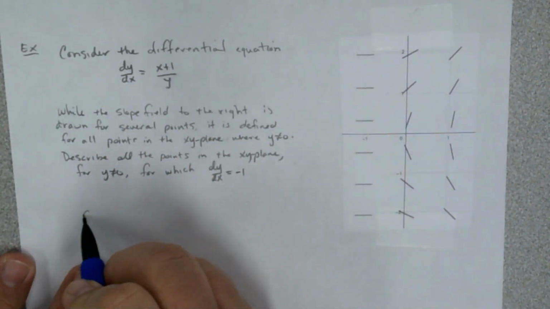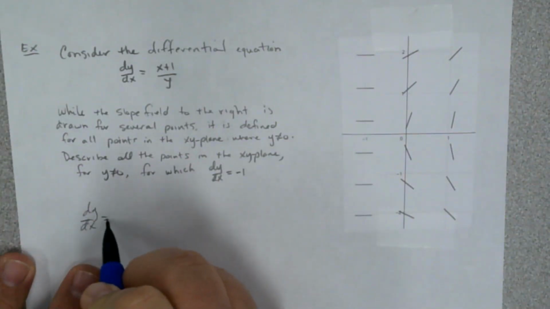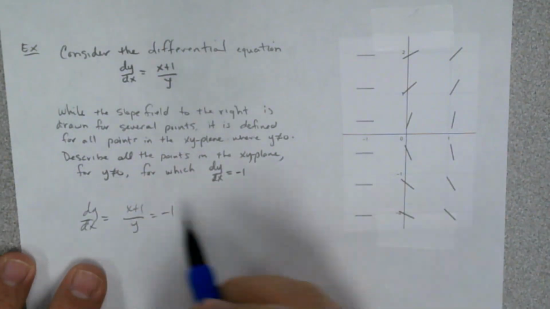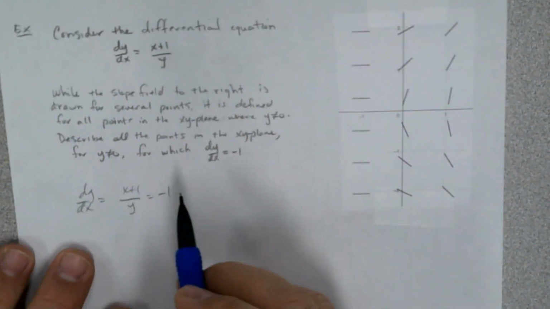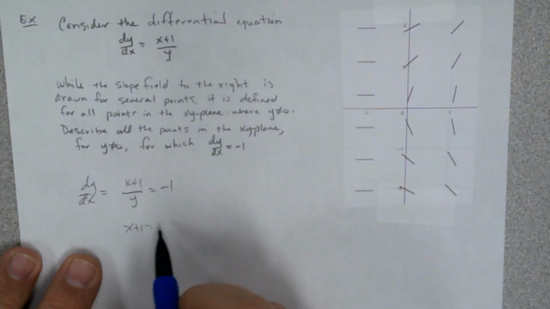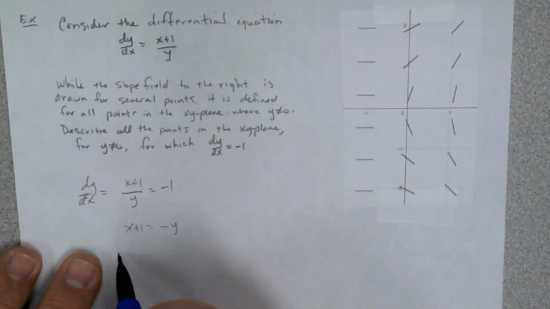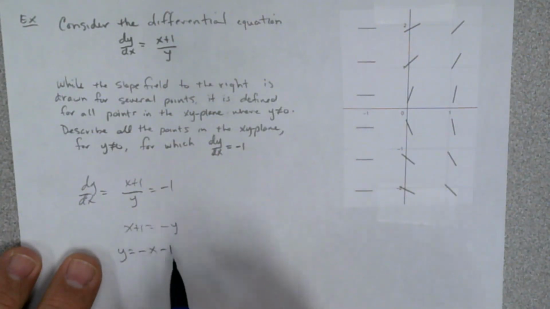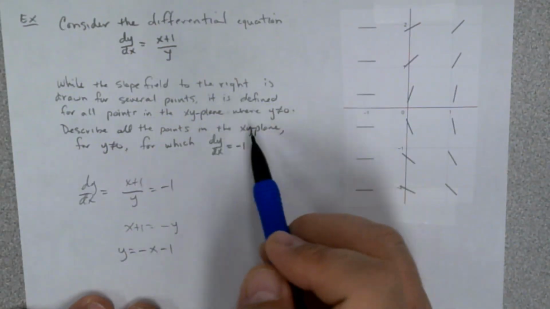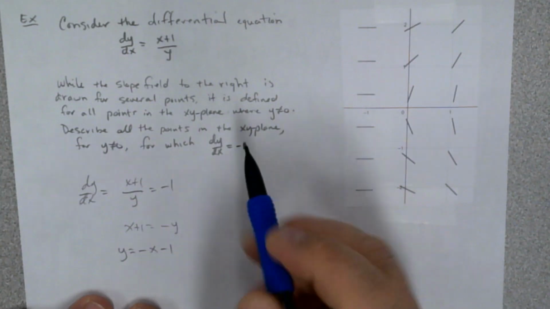So when is dy/dx, which is equal to (x plus 1) over y, equal to -1? We need to solve that equation right there. So using our techniques for solving this, we get x plus 1 equals -y. So y is equal to -x minus 1. So where in the xy plane is dy/dx equal to -1?